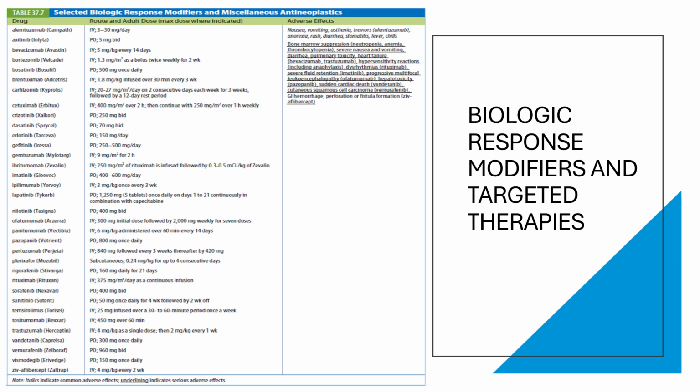BRMs may produce their effect directly by binding to cancer cells and destroying them, or indirectly by activating general aspects of the immune response. BRMs may be grouped into two general classes: cytokines and targeted therapies. Now, these are listed here in this table, table 37.7.